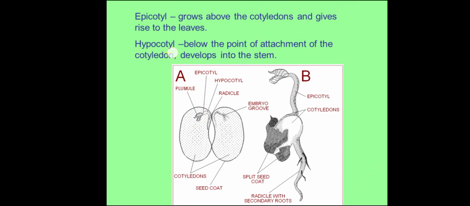And hypocotyle, below the point of attachment of the cotyledon, which develops into the stem. So hypocotyle is the stem portion and epicotyle is the leaf portion.